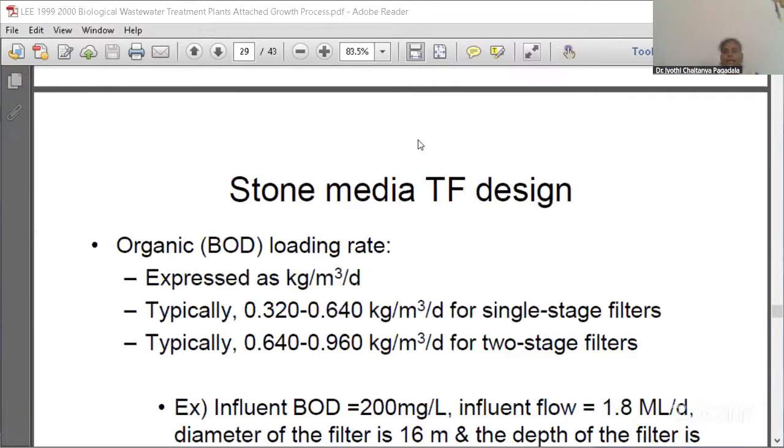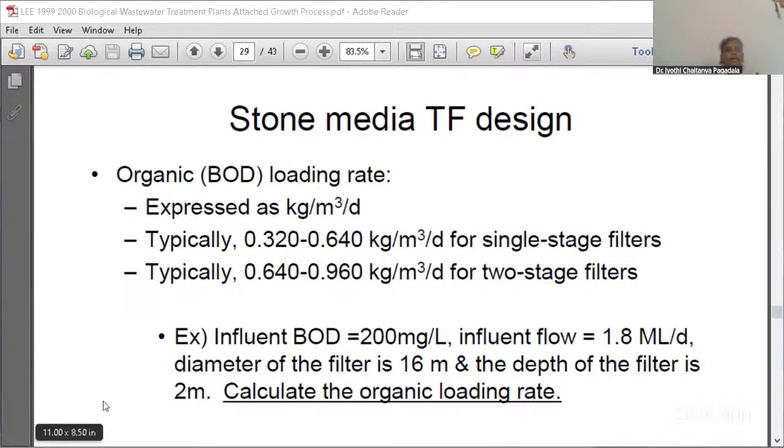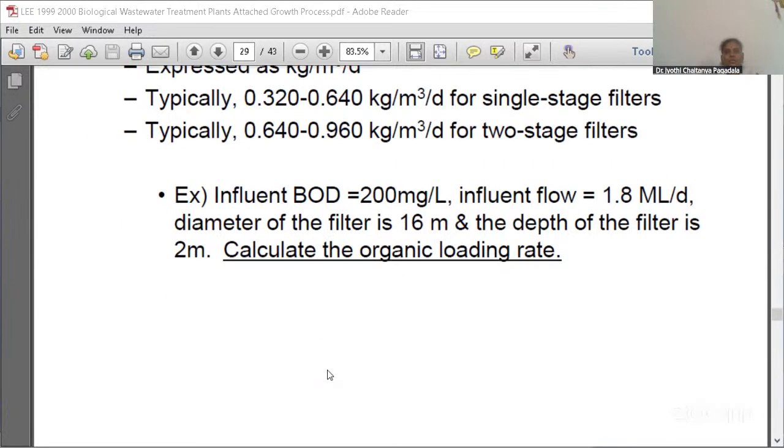A stone media trickling filter design. Here we discussed the biological oxygen demand, which can be expressed as kg per meter cube per day, so that the organic loading rate can be calculated here.